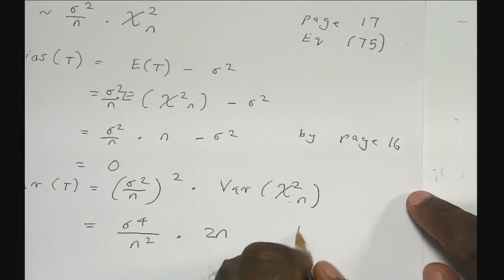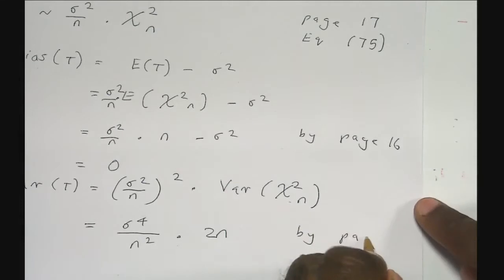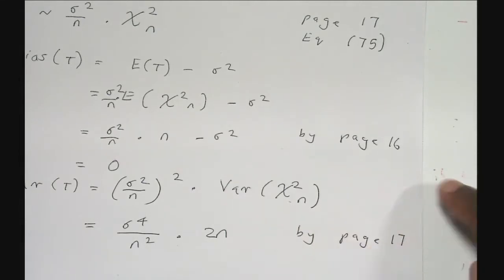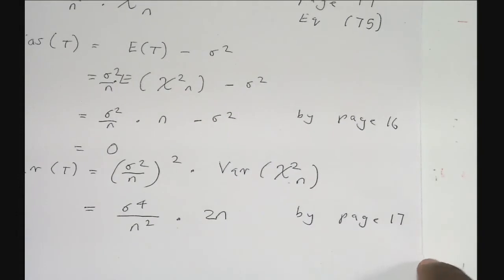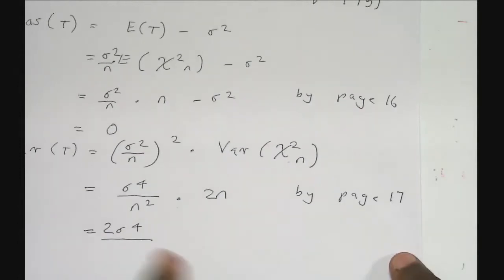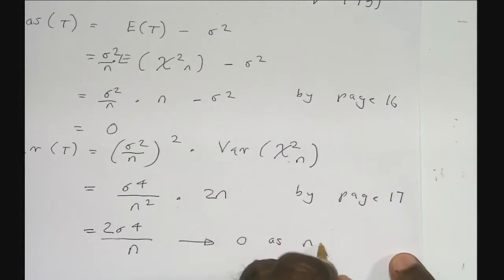That's by page 17 of the notes. You should look at page 17. You will see a formula which says that the variance of a chi-squared variable is 2 times the degrees of freedom. So in this case it is 2 times n, which approaches 0 as n approaches infinity.